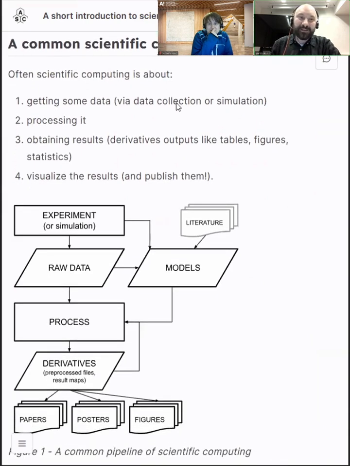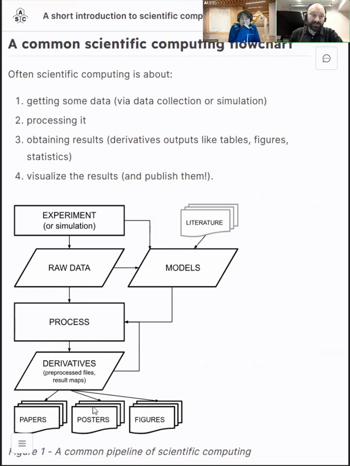So like Susa was saying, a common scientific computing flow chart would be that you have some data, whether it's collected data or simulations, and then there is some processing happening, and then you generate some outputs that can be statistical tables, AI models, machine learning models, whatever the output is.